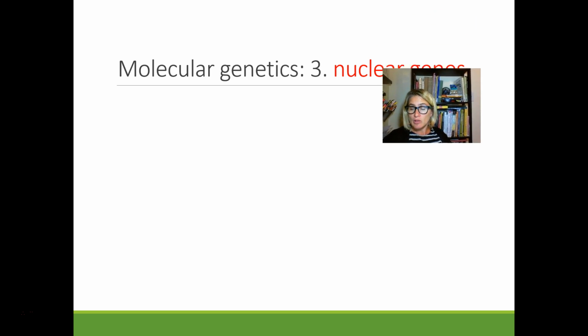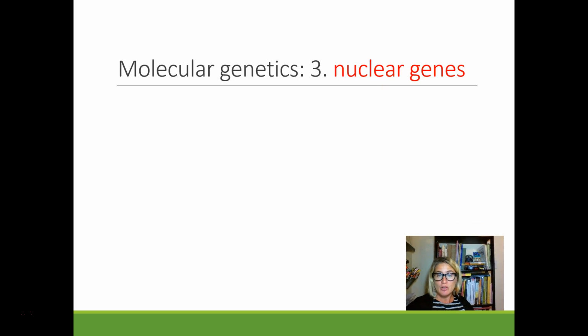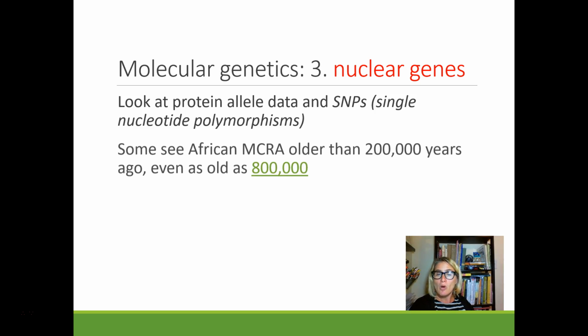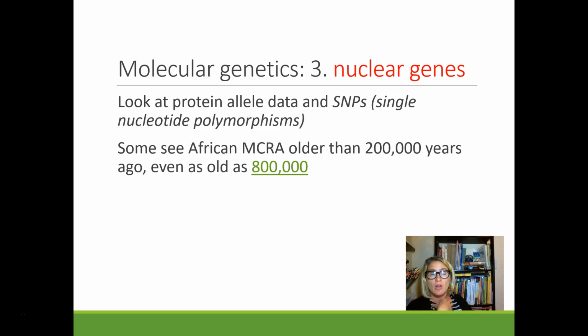The next thing to look at in terms of genetics are nuclear genes. These are segments of DNA found in the nucleus of all of our cells. When people are looking at this to determine the most common recent ancestor, they will look at particular alleles.